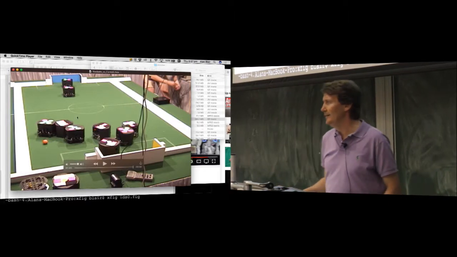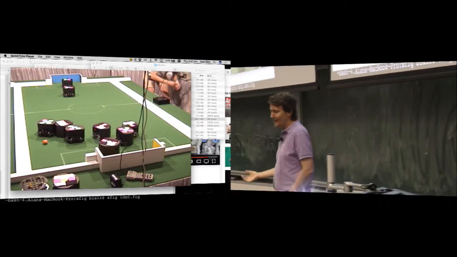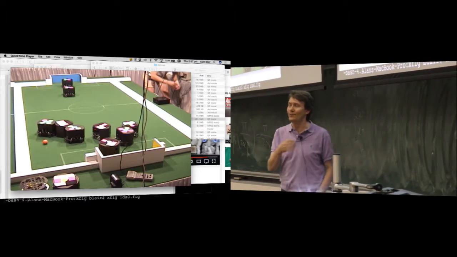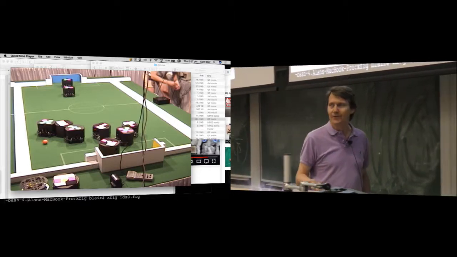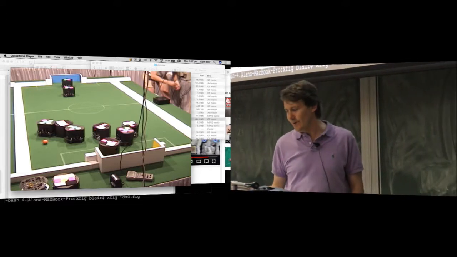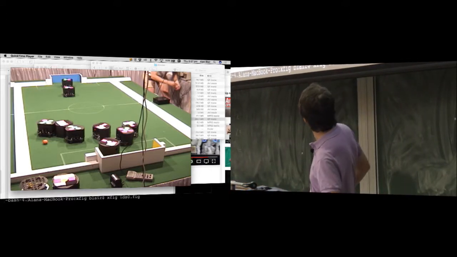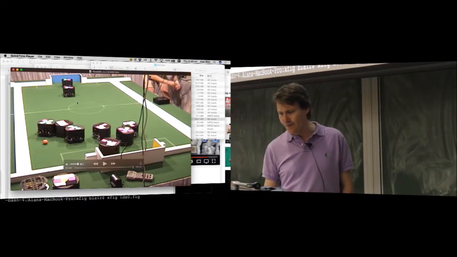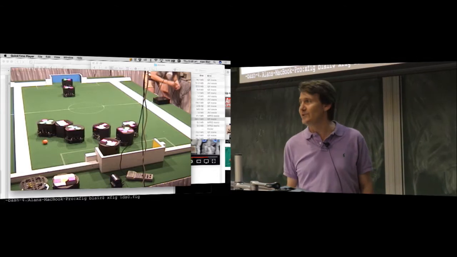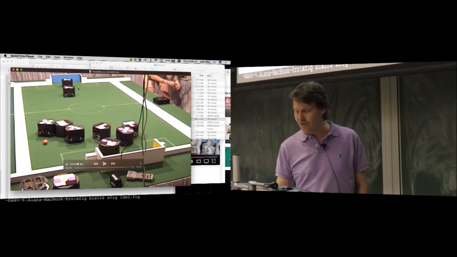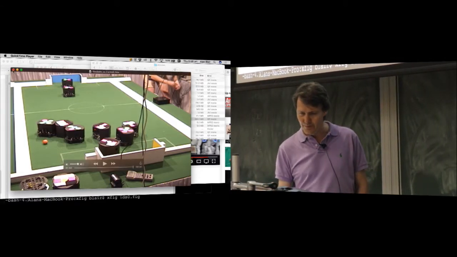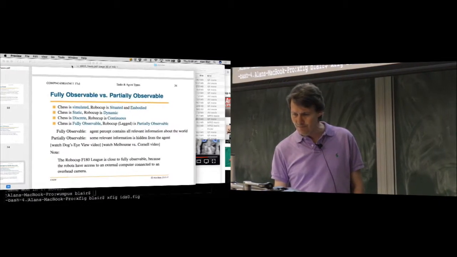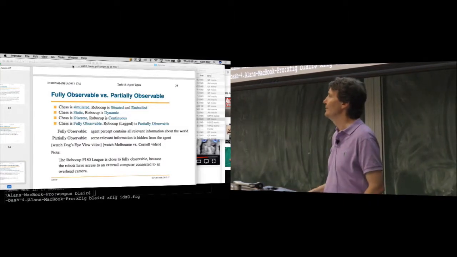And we had a simulator, and we would run the software with the simulator, and then we'd run it with the real robots, and the behavior was almost the same. Of course, the simulator can never be quite as good as reality, but because of the overhead camera, the robots do actually know the position of each other and the ball to a pretty high precision. So we generally regard that league as being fully observable, right?